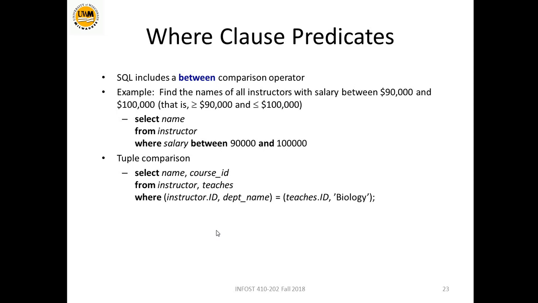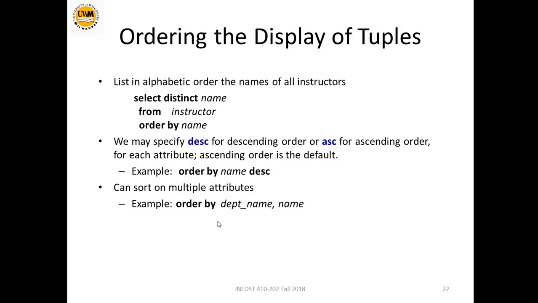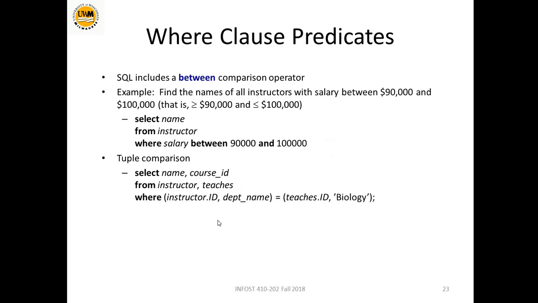The where clause predicates, we can have things like between. For example, if we want to find all the instructors with salary between 90,000 and 100,000, we say select name from instructor where salary between 90,000 and 100,000.